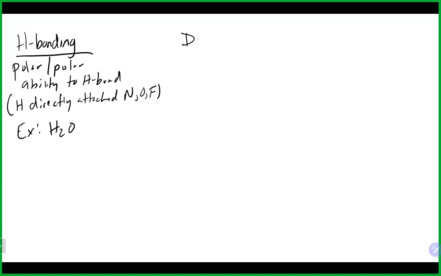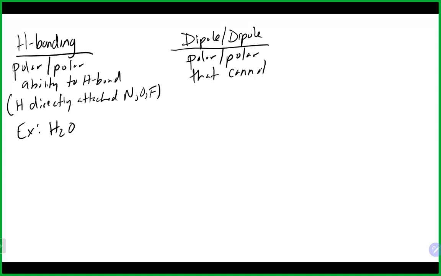We have dipole-dipole interaction. And this is the main force for polar molecules and other polar molecules, or even itself, that cannot hydrogen bond. So an example of that is SO2.